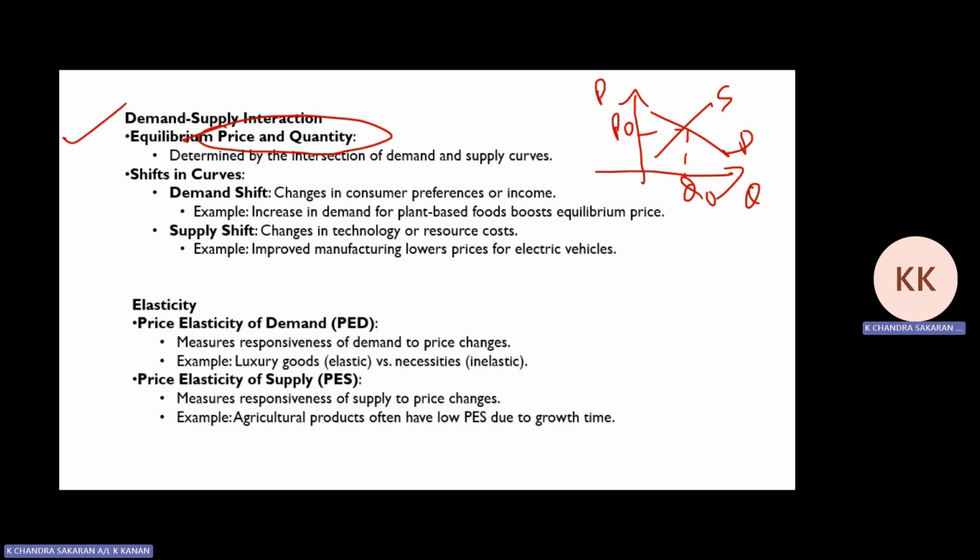But for certain goods, the price is set by the government, not by the market. For the industry you're talking about, is the price controlled by the government, or is it set by the market? Is it set by the market or by the firm? In perfect competition, the price is set by the market, not by the firm. But if it is monopolistic competition, oligopoly or monopoly, the price is set by the firm because they are price deciders. They are not price takers. Okay.